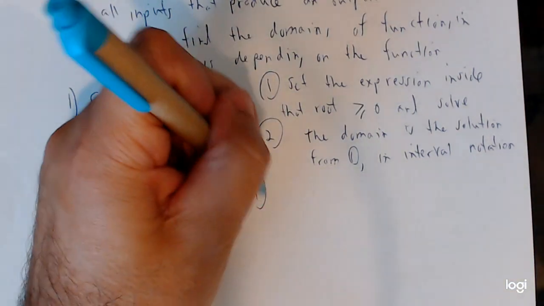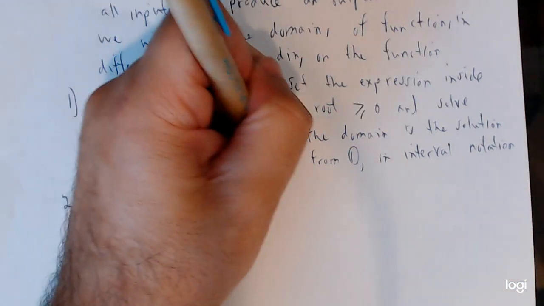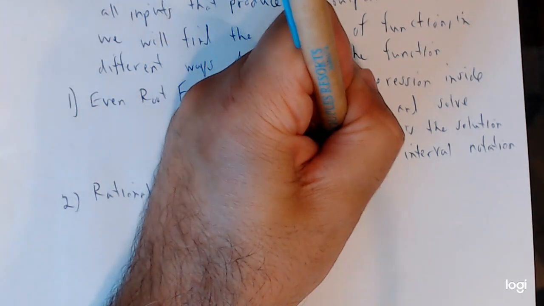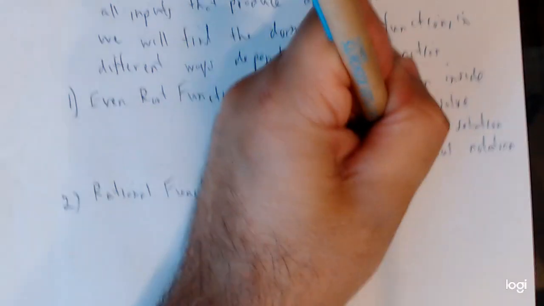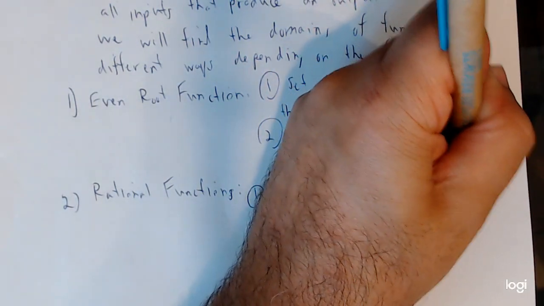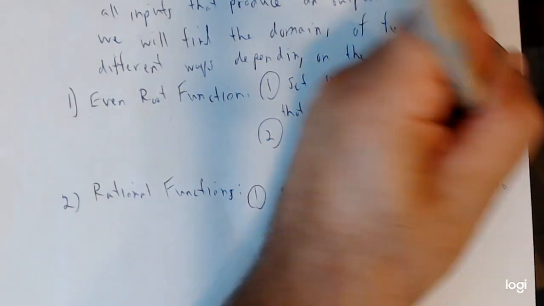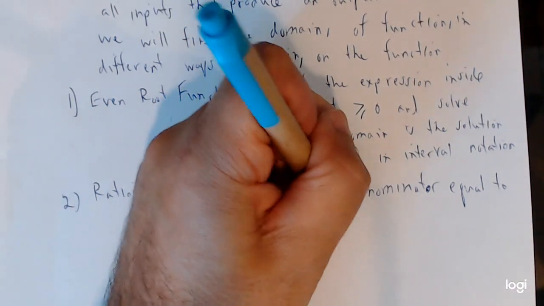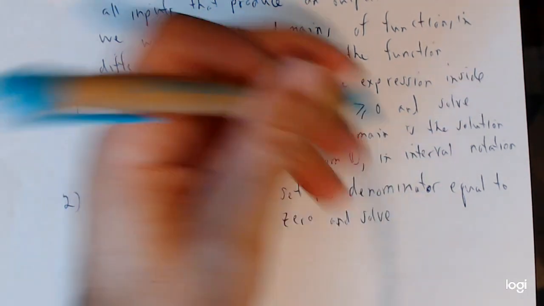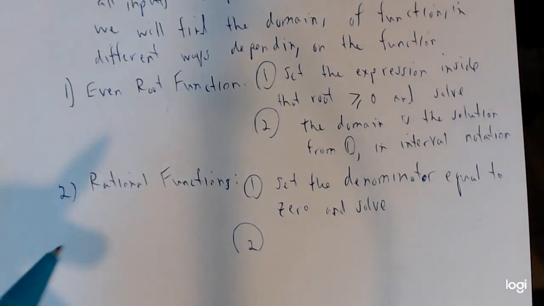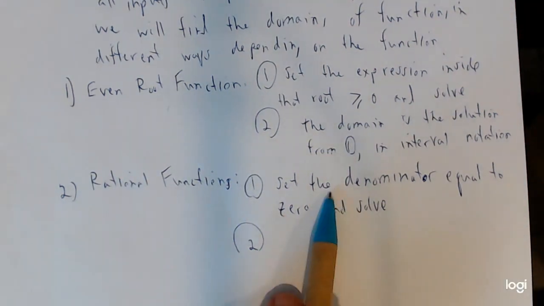Okay, so the first step for this would be we grab the denominator and we set the denominator equal to 0 and we solve. And then the domain becomes the set of all real numbers except for the values found in step 1, if any.